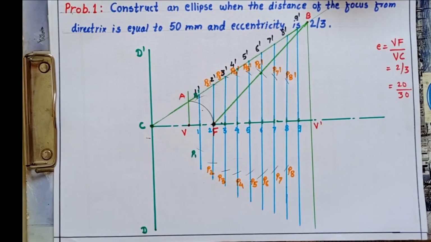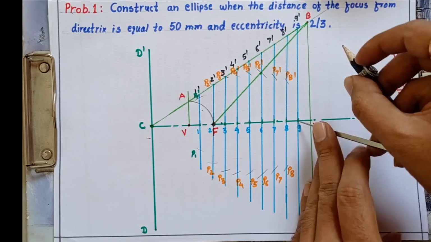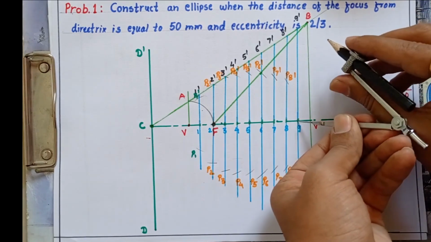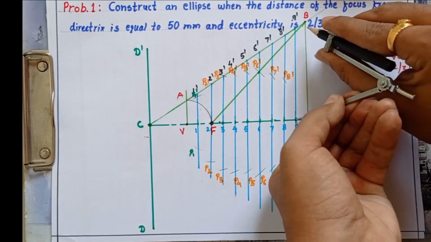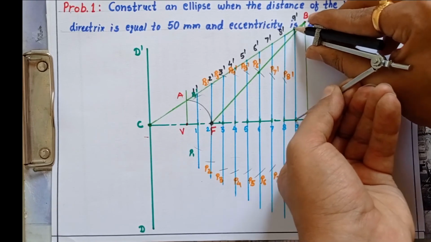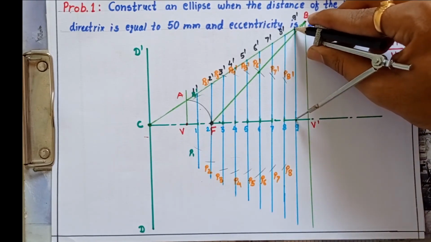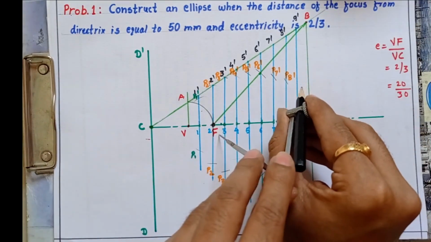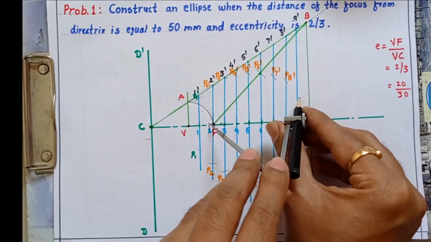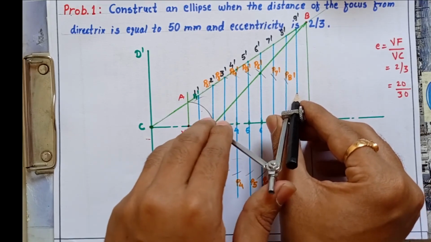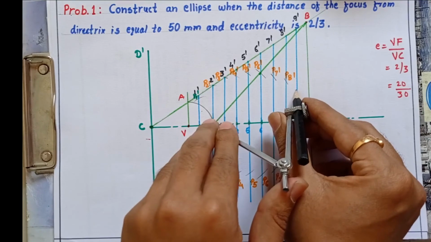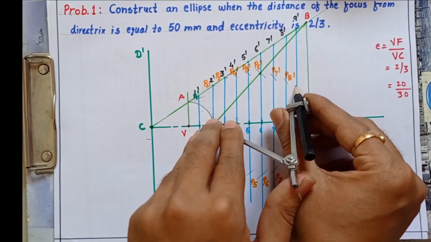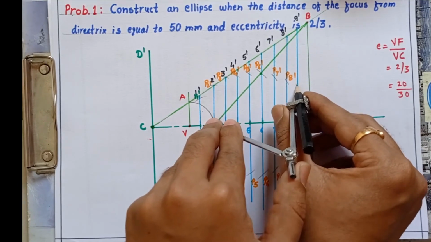Now the last point remains over here. Take the distance in your compass equal to 9 dash as the distance with F as a center. Cut the line.